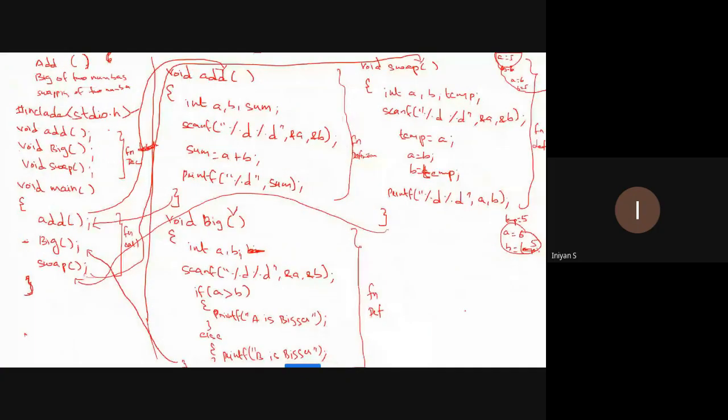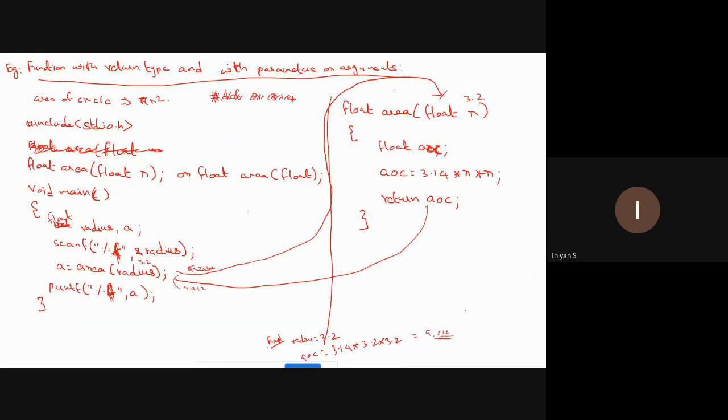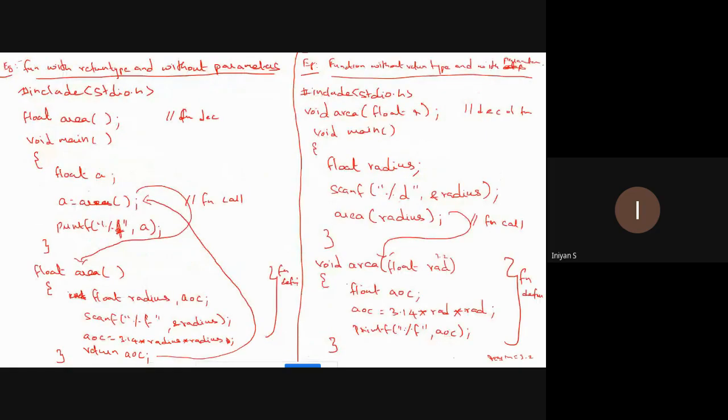That's what I wrote here. This is called a function without return type and without parameters. Here all these three programs for area of circle, I wrote in different categories. With return type, without arguments it is working. Area, radius, here also it is working.